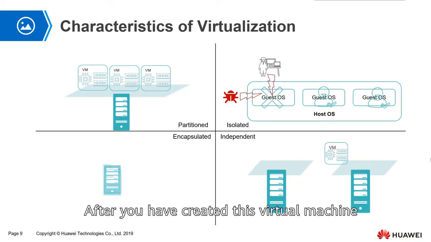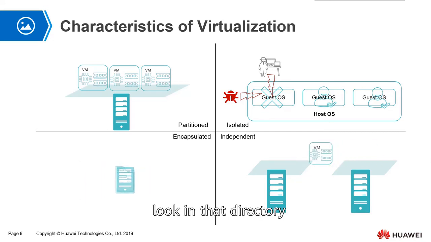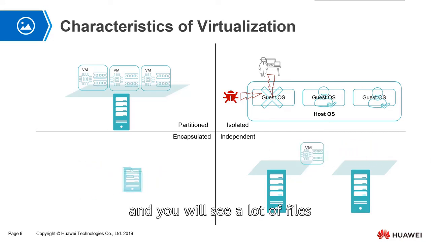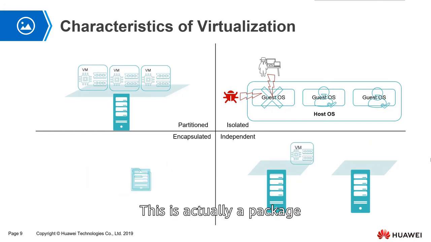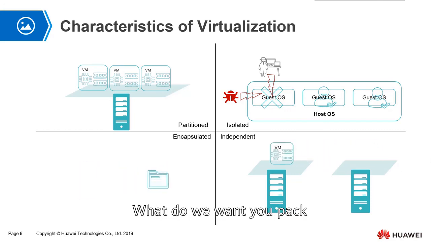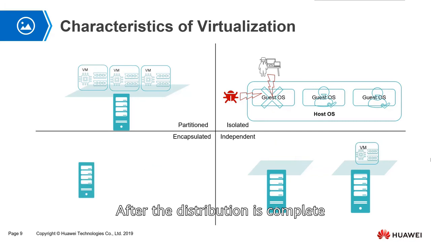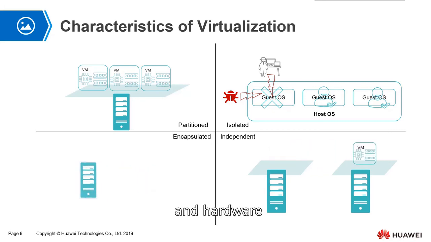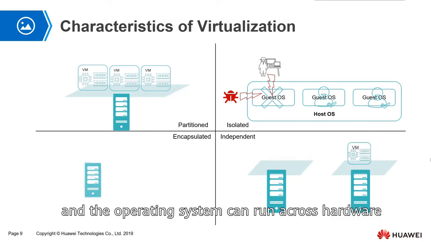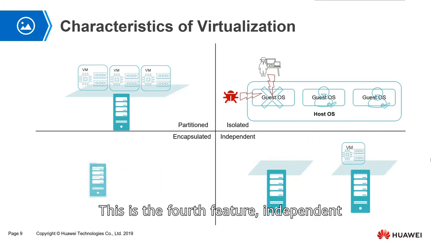After you create the virtual machine, look in the directory and you will see a lot of files. This is actually a package. Why do we want to package? After the package is complete, it can separate the operating system from the hardware, and the operating system can run across hardware. This is the fourth feature, independent.